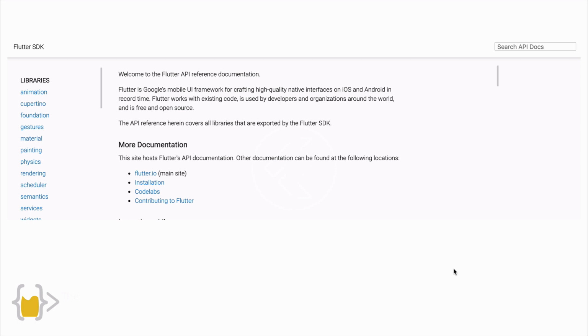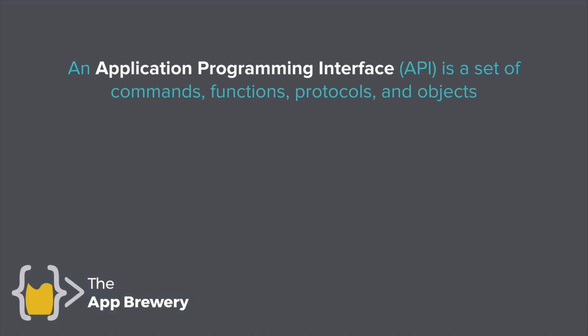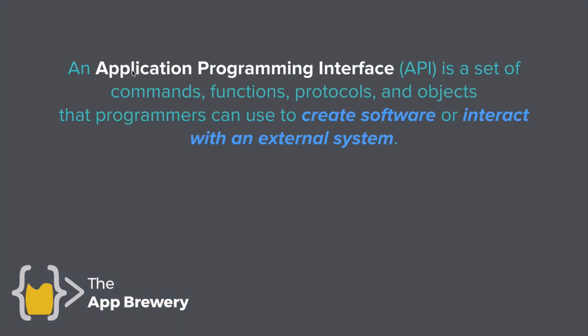So by using the Flutter SDK or the libraries that are bundled together under the Flutter flag, we're essentially using an API where they've created a bunch of commands, functions, protocols, objects that we're using to create software, right? We're using an API in that sense.